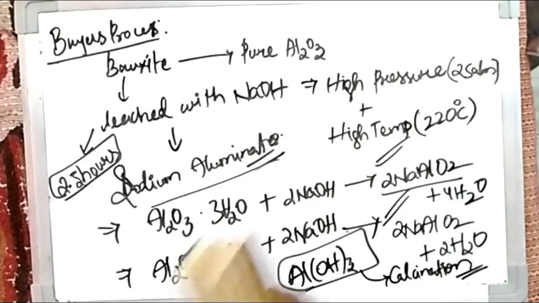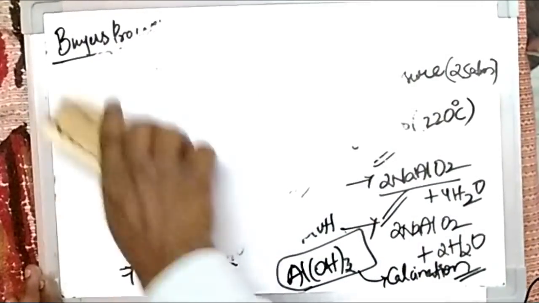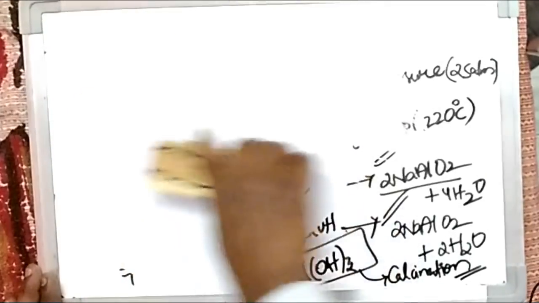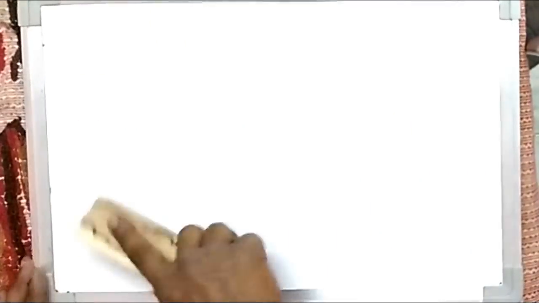Whatever raw material we got, this will be utilized in the Hall-Héroult process. This pure Al2O3, which we have produced from the Bayer's process, is taken as the raw material into the Hall-Héroult process. Now we'll discuss the Hall-Héroult process.